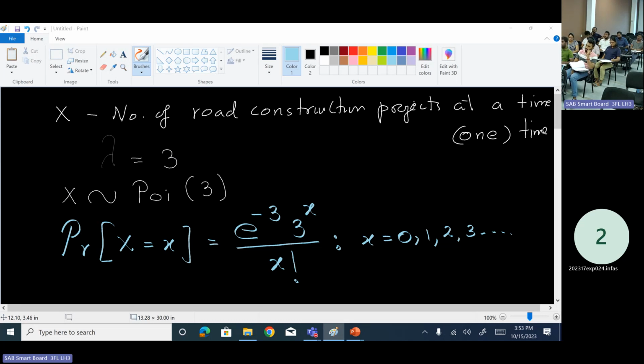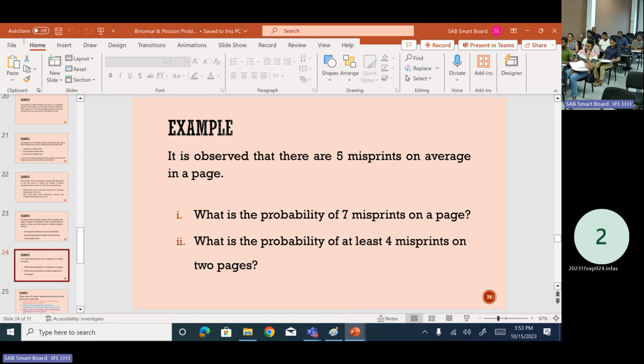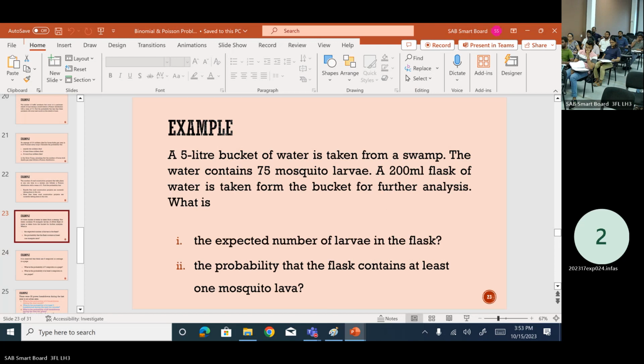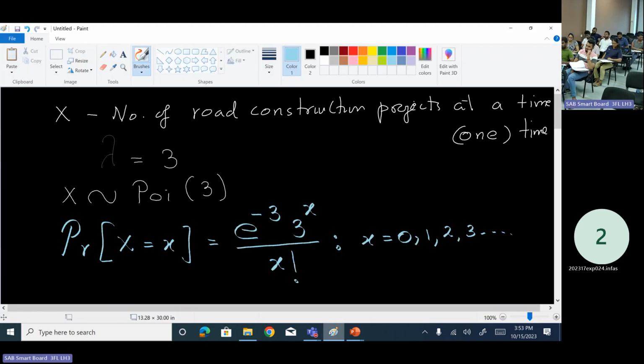So first they are asking us, first 5, more than 3. 5 projects.